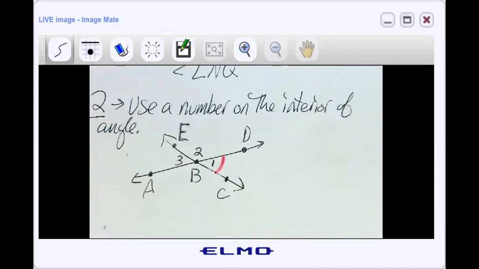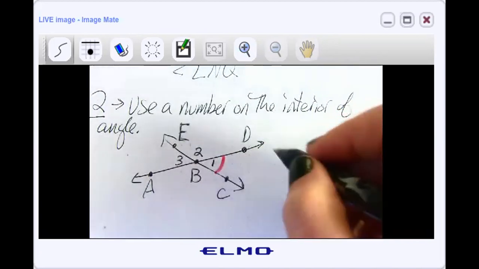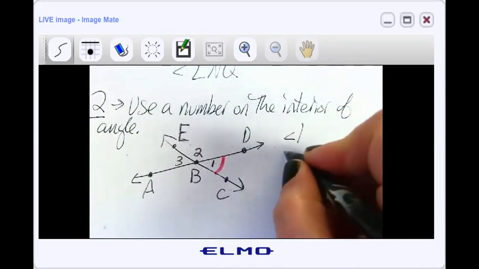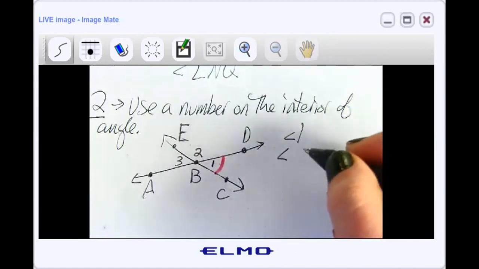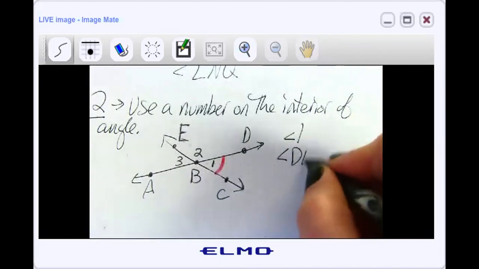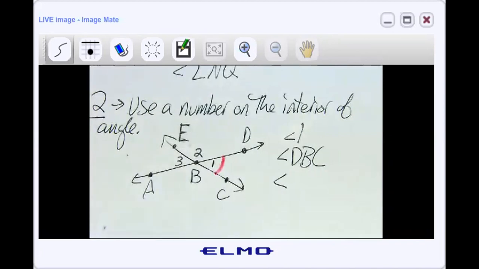So I know what you're thinking, Mrs. Sapia. Well, why don't we just do that? Get rid of the letters altogether. I'll show you why in just a second. So let's talk about what you could call this red angle. Angle 1, you could still use 3 letters. That's always a choice. So you could call it DBC, or your only other option would be to go the other way, CBD.